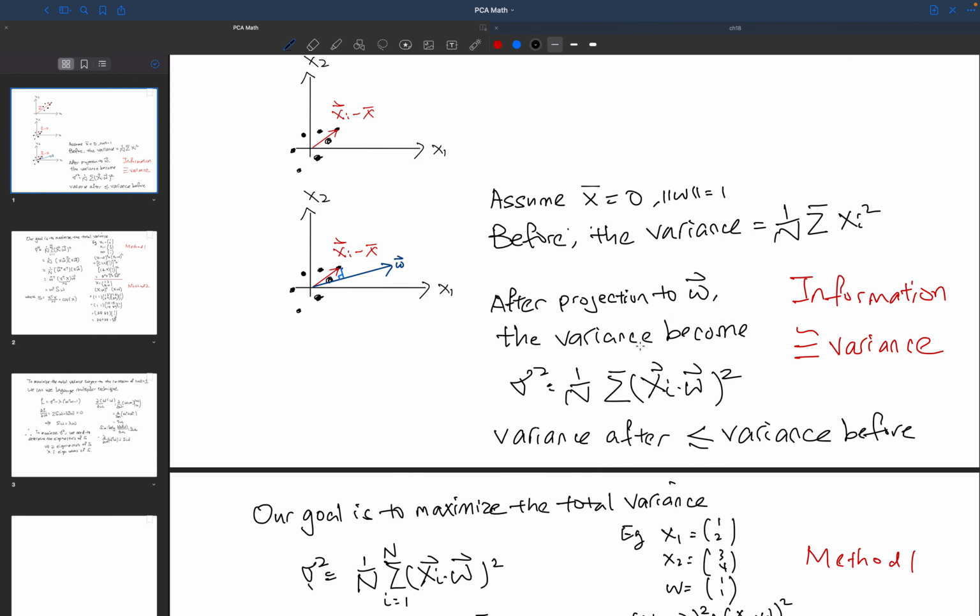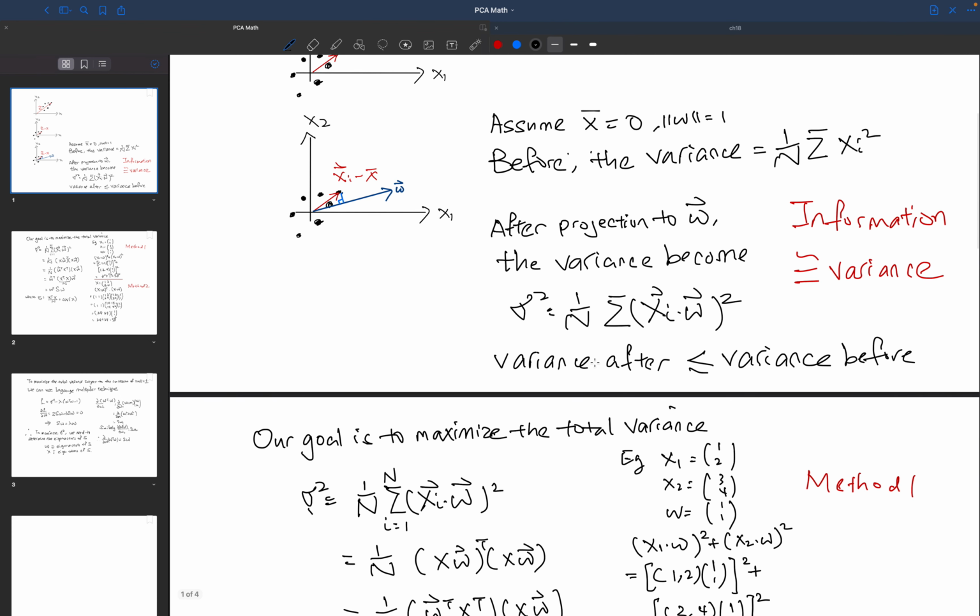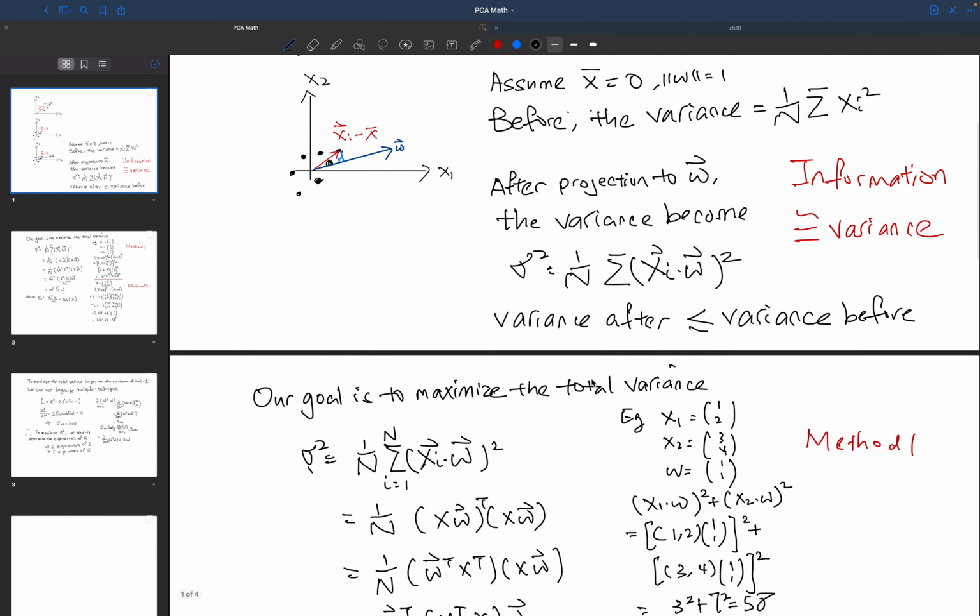The variance after the projection is always smaller than the variance before the projection. But since information is more or less represented by the variance, our goal is to maximize the variance after the projection in order to keep as much information as possible.